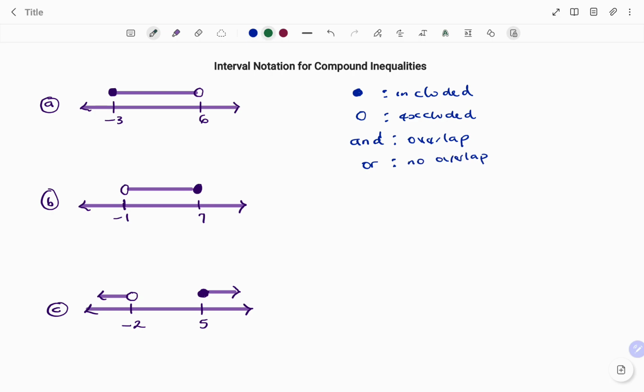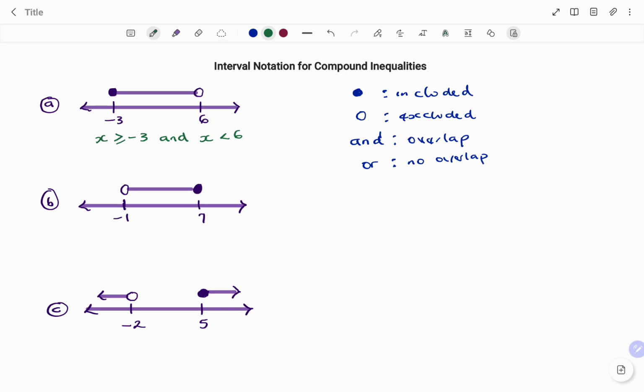Going back to the examples given, on the first graph, we have -3 and 6. You can see that on -3, the circle is filled, so therefore we have x is greater than or equal to -3, and because there's an overlap, you can see that it's a closed segment, so we have AND x is less than 6.